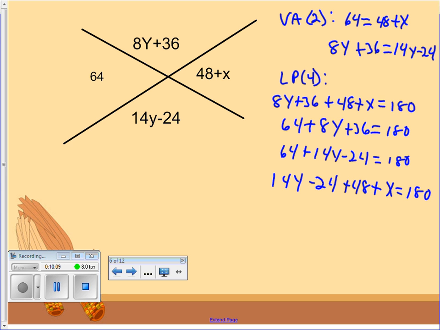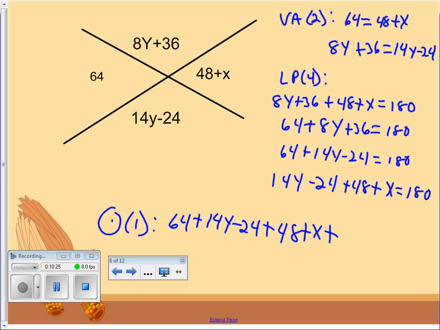And then the last one for my circle is going to be 64 plus 14y minus 24 plus 48 plus x plus 8y plus 36 is equal to 360.